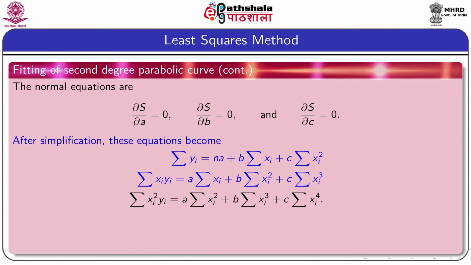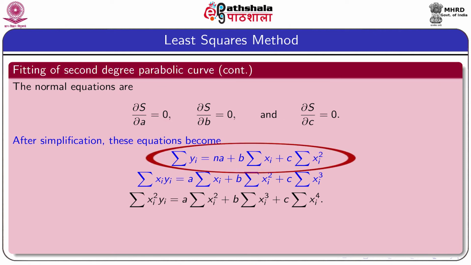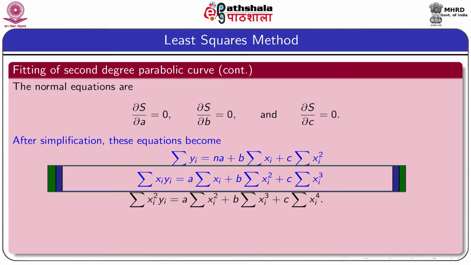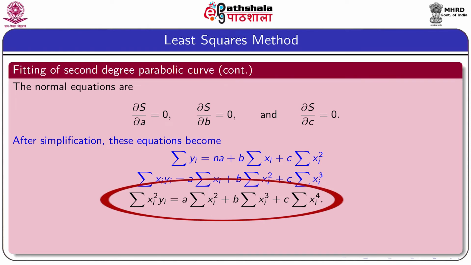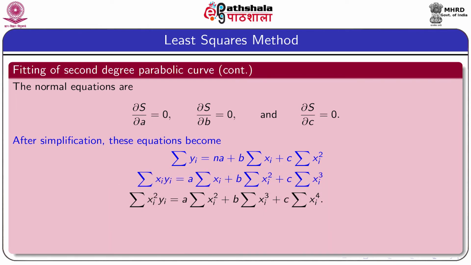After simplification, these equations become Σyi = na + bΣxi + cΣxi². The second equation is Σxi yi = aΣxi + bΣxi² + cΣxi³, and the third equation is Σxi² yi = aΣxi² + bΣxi³ + cΣxi⁴.